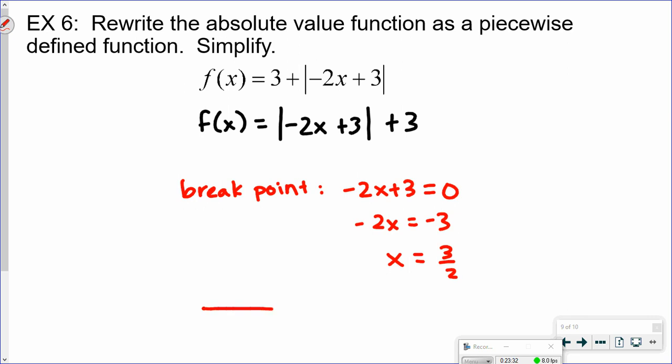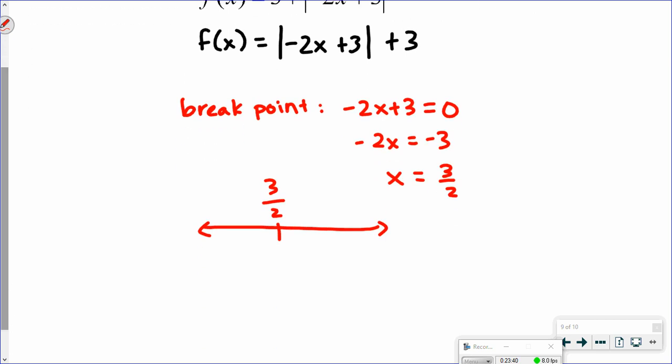So my breakpoint is 3 halves. Okay. So what I am plugging numbers into is this negative 2x plus 3, and then I'm determining whether I get positive or negative values, so I know if it's my positive or negative slope.